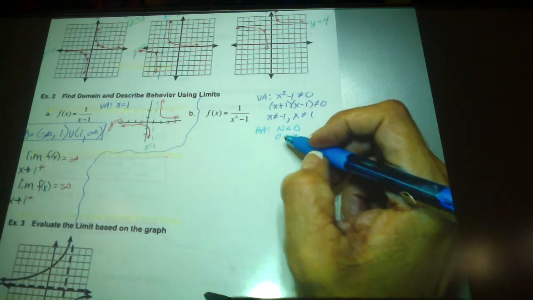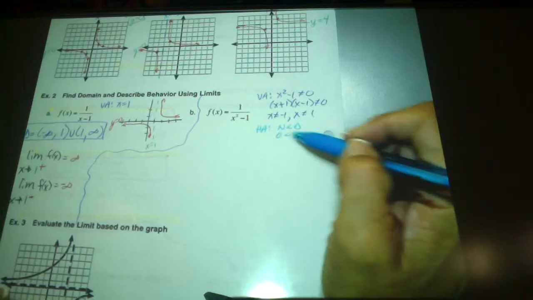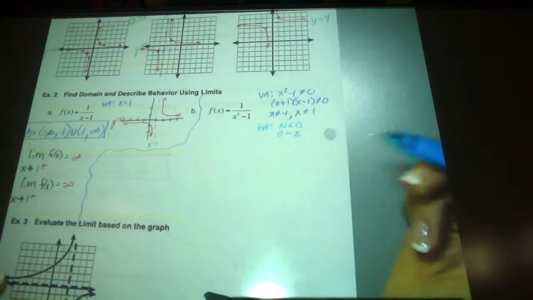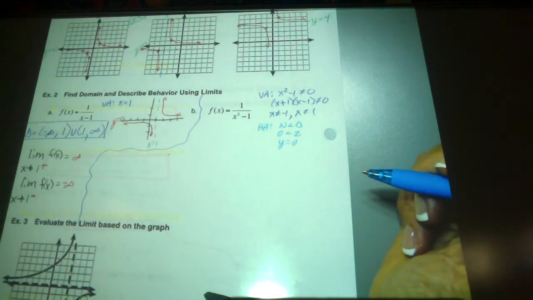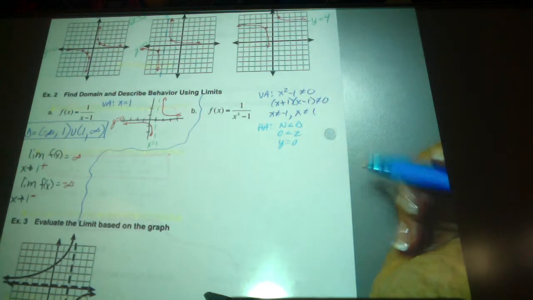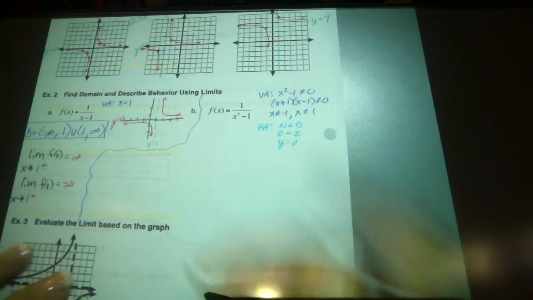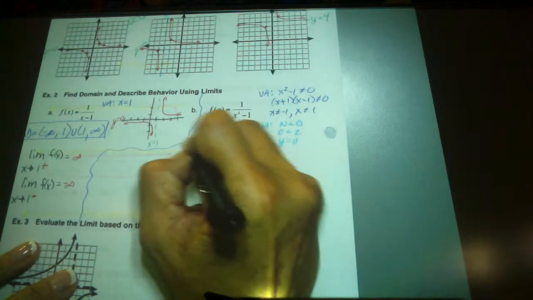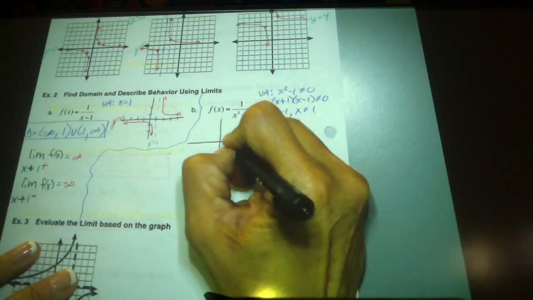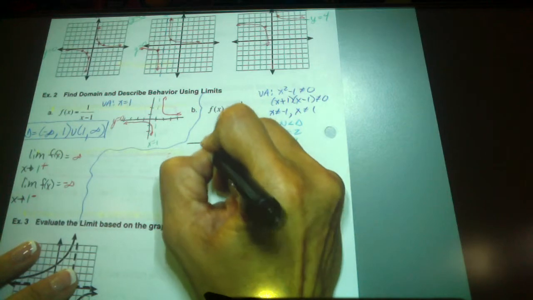So yes, you're correct, because the degree of the numerator is less than the degree of the denominator. You have a horizontal asymptote that's y equals 0. So I have a horizontal and a vertical. So when I go to sketch this, you're going to want your calculator.